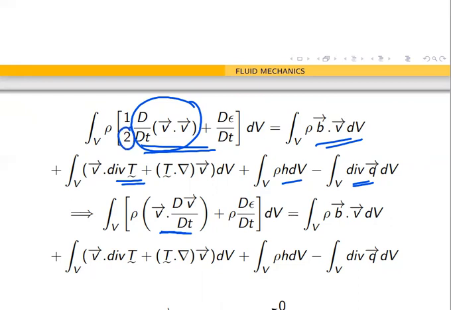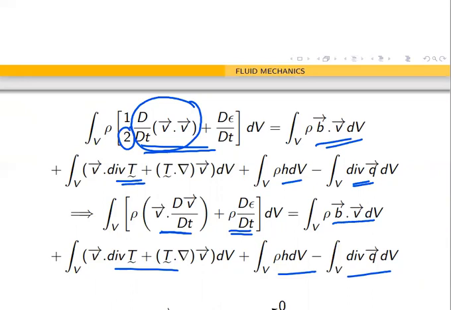So we get rho V dot dV by dt plus, since rho is multiplied here, rho d epsilon by dt dV. On the RHS, all the terms remain the same; all are volume integrals now.